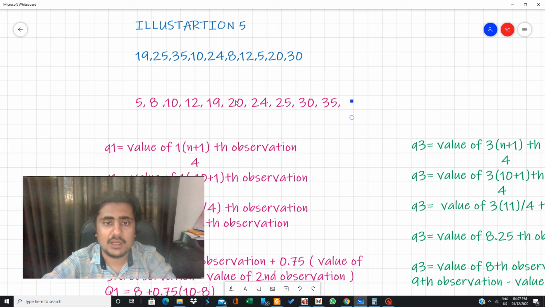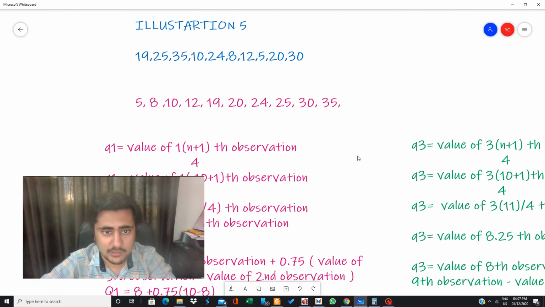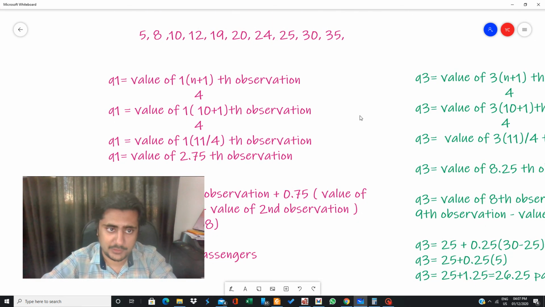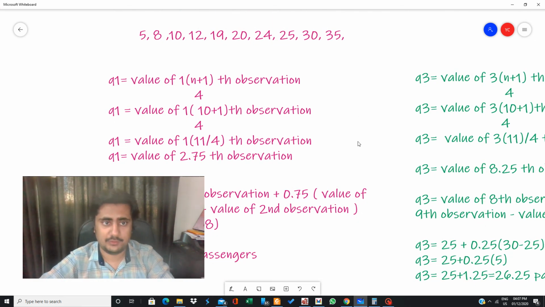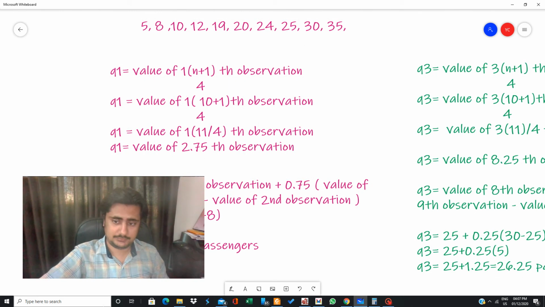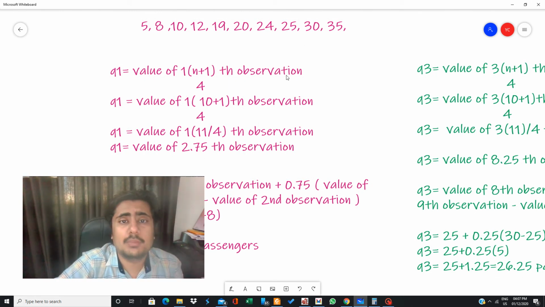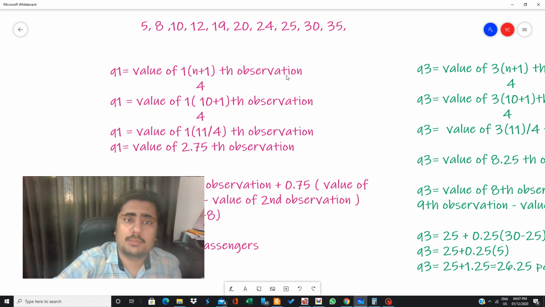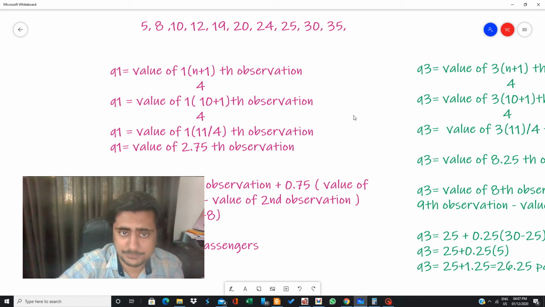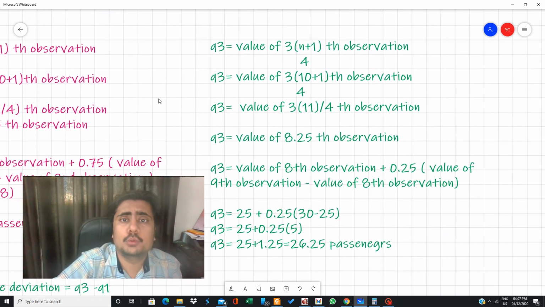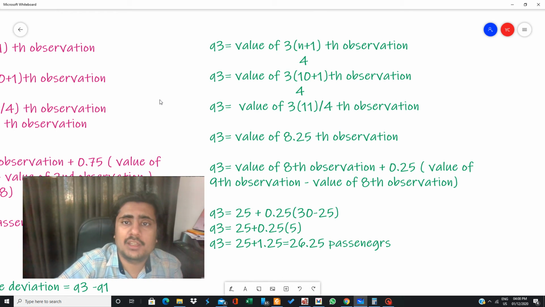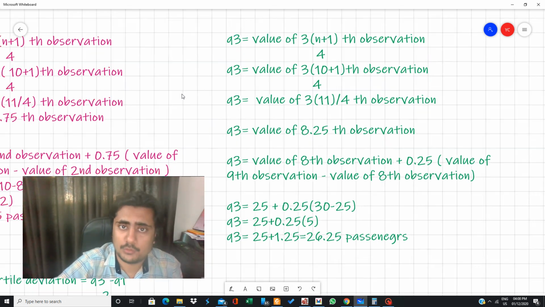We had seen, when xi is given, first of all you have to arrange the xi in ascending order. Then you have to find Q1 first. Q1 is the value of the 1 into (n plus 1) upon 4th observation. To find Q3, it is the value of the 3 into (n plus 1) upon 4th observation.